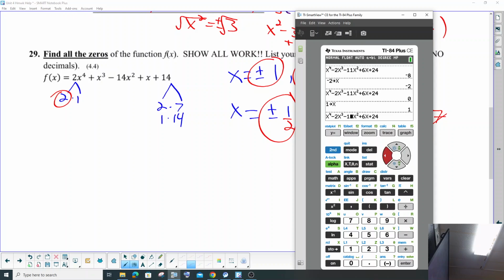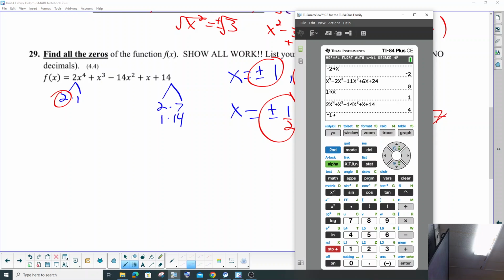We have a 2 in front, so I'm going to insert a 2 there. 2 x to the 4th power plus x to the 3rd power minus 14 x squared plus x plus 14. Let's see if we got it. We did not get it. So we try -1 next.